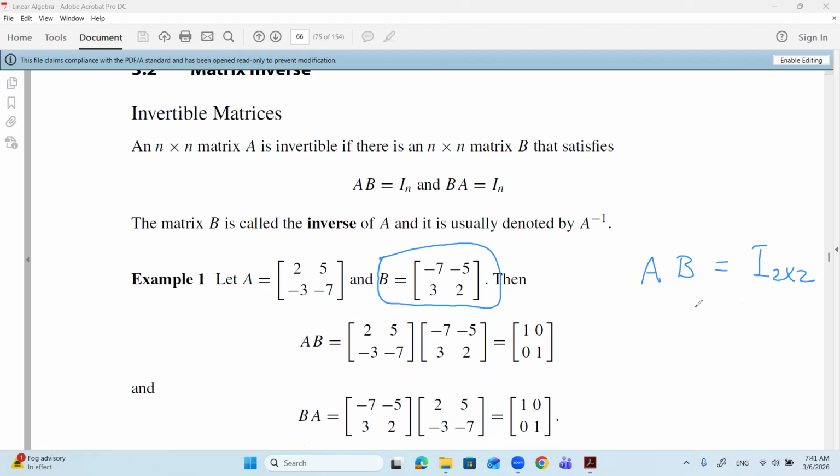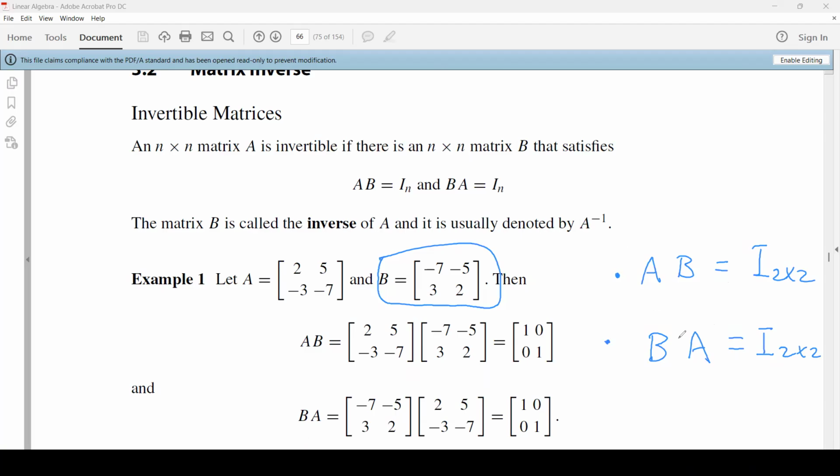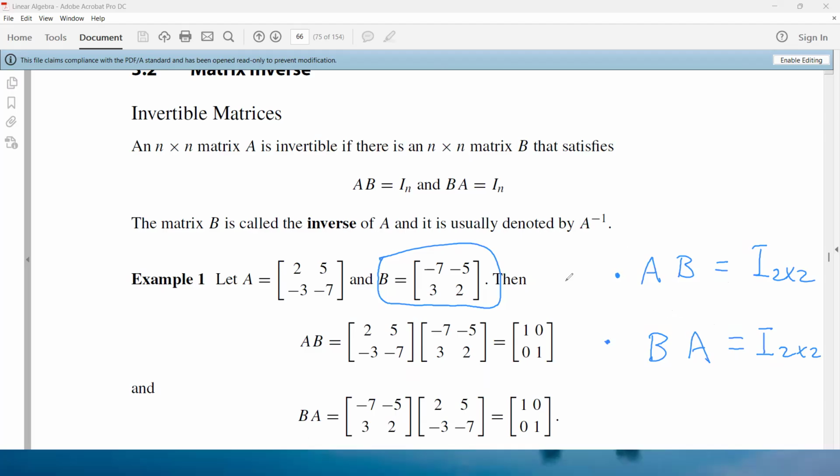And the same for B times A: is it an identity of 2 by 2 also? After we check both AB and BA, if each condition is met, then B is the inverse of A.